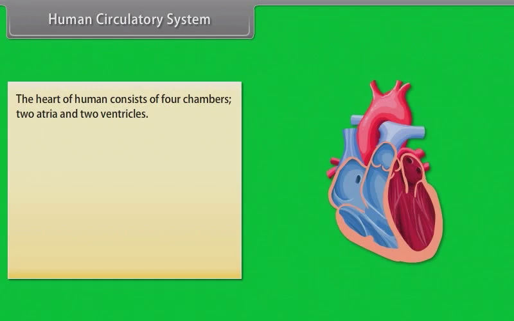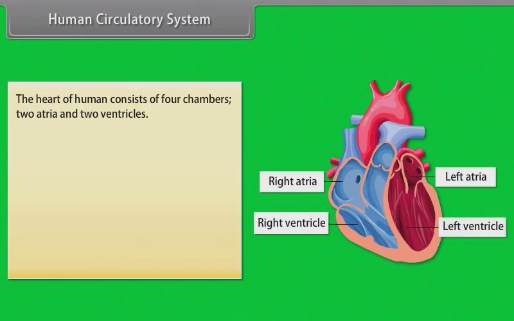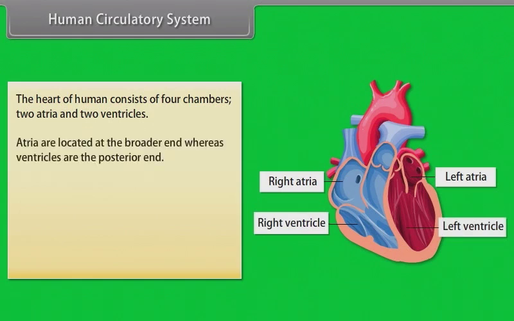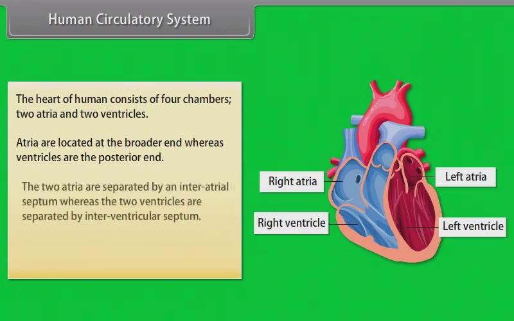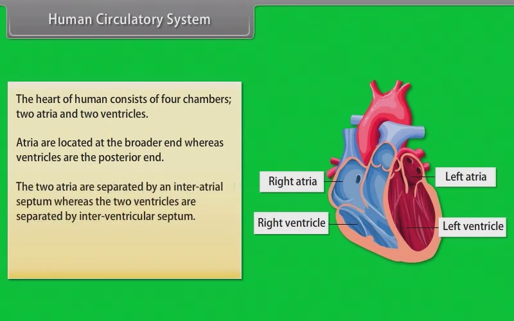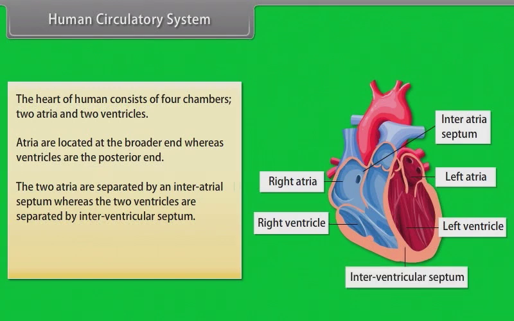The heart of human consists of 4 chambers, 2 atria and 2 ventricles. Atria are located at the broader end, whereas ventricles are at the posterior end. The 2 atria are separated by an interatrial septum, whereas the 2 ventricles are separated by interventricular septum.